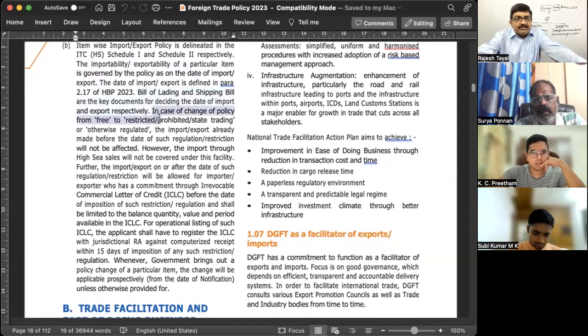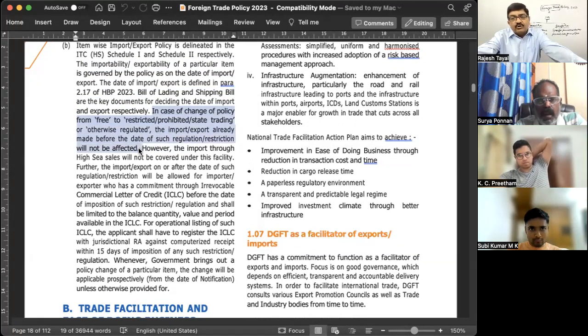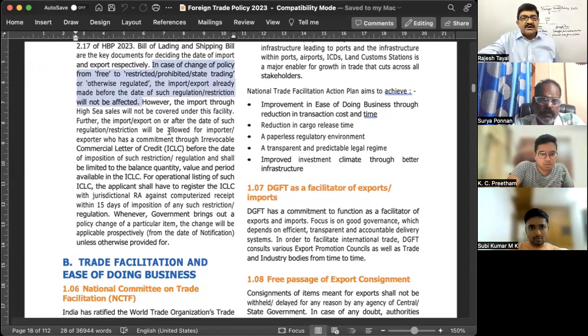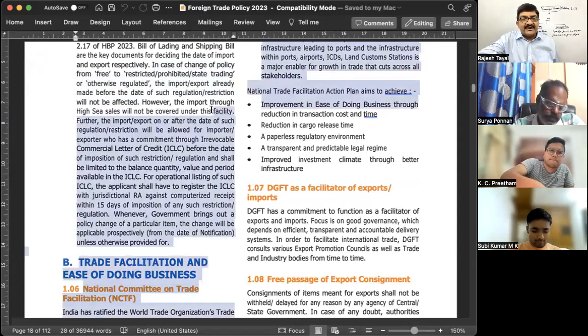In case of change of policy from free to restricted, prohibited, state trading, otherwise regulated, the import or export already made before the date of the change will not be affected. So it is an already completed transaction. No retrospective effect of the policy, which we have already seen. So this highlighted area is not relevant for you. However, the import on high sea sale will not be covered under this facility.